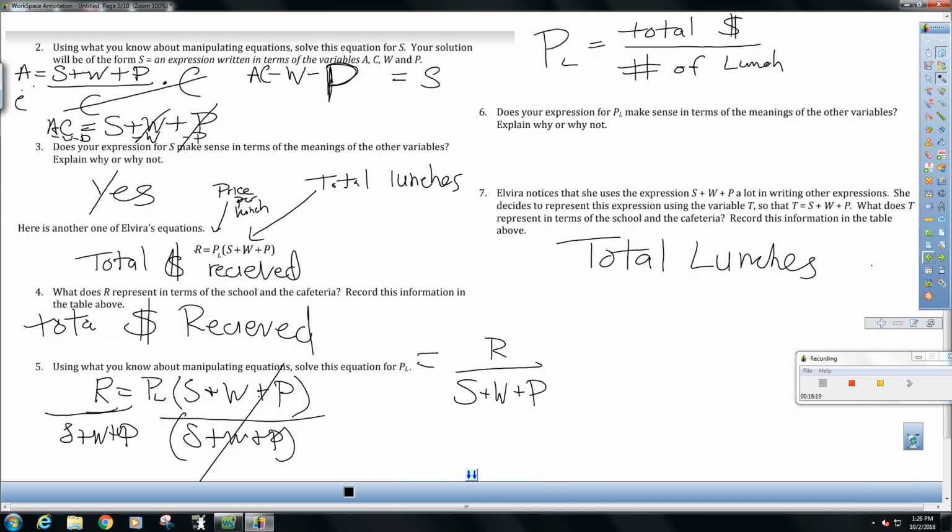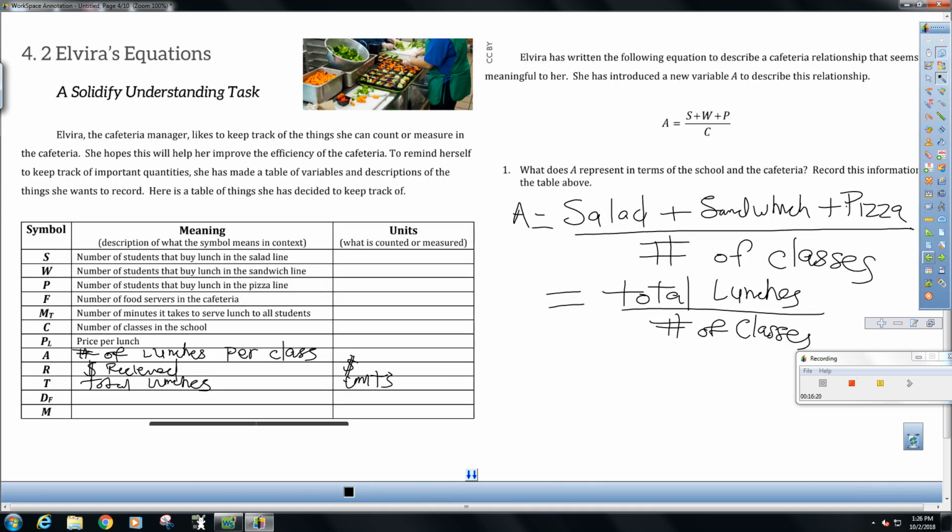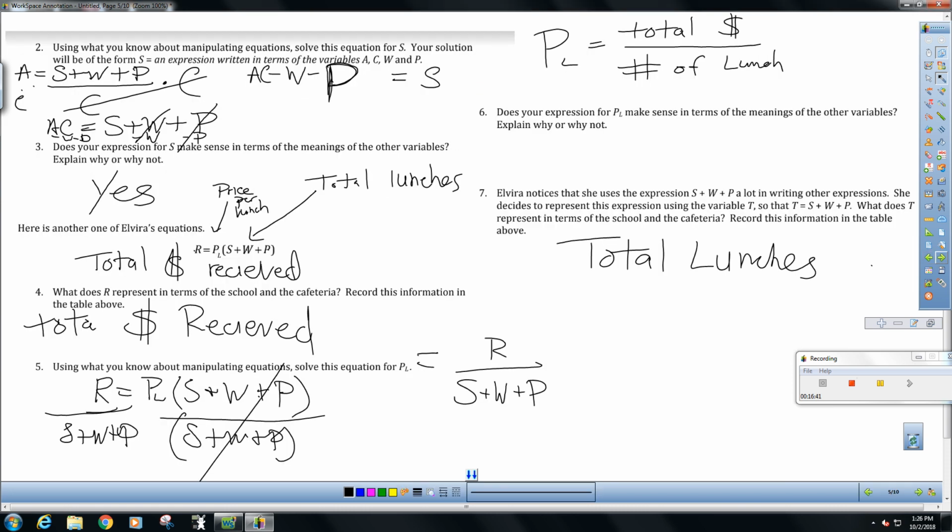So, we're going to take the number of minutes to serve all students and divide it by the number of students, right? No. So let's see.